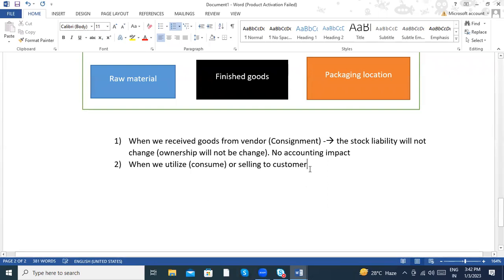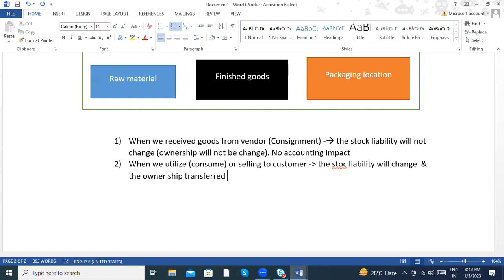In this case only, the stock liability will change, and the ownership is transferred.